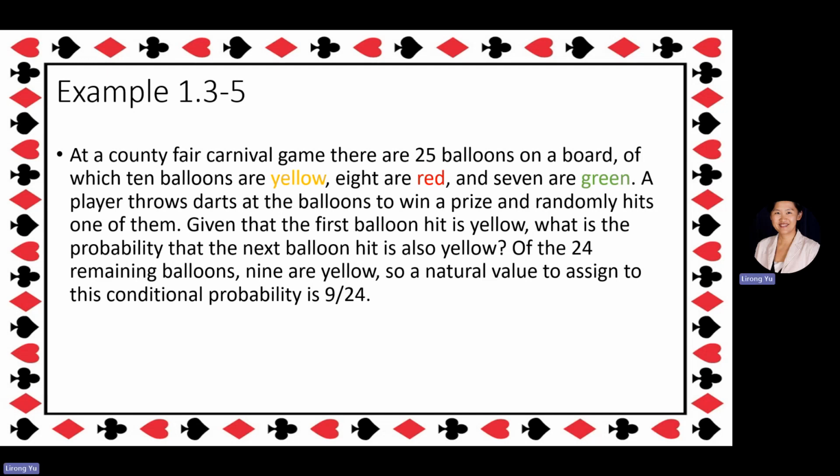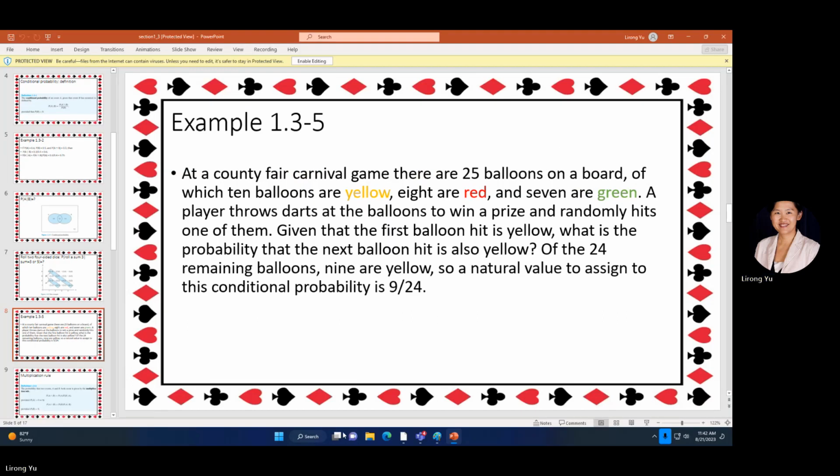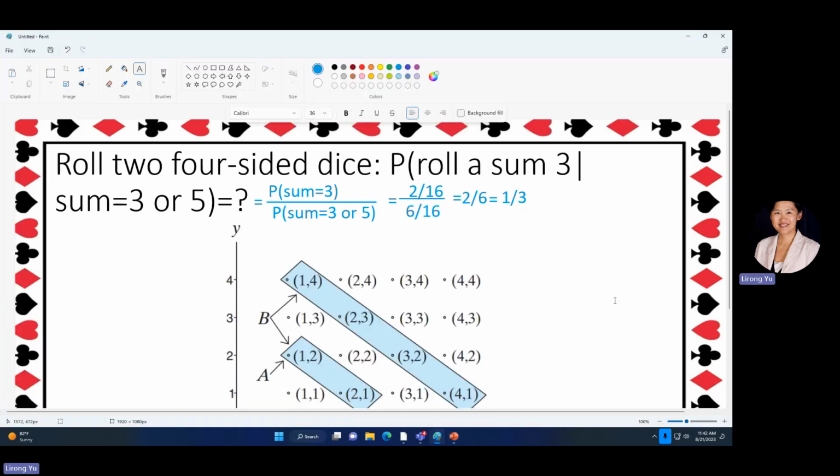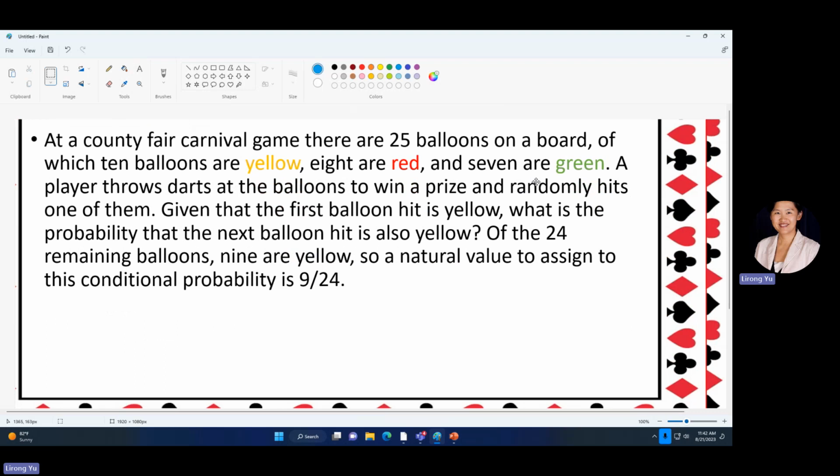Okay, of the 25 balloons, it's 10 plus 8 plus 7. The total is 25, all right? So this is the conditional probability that I want to consider. Let's look at the situation. We're actually talking about 2 hits, and the first one is yellow.